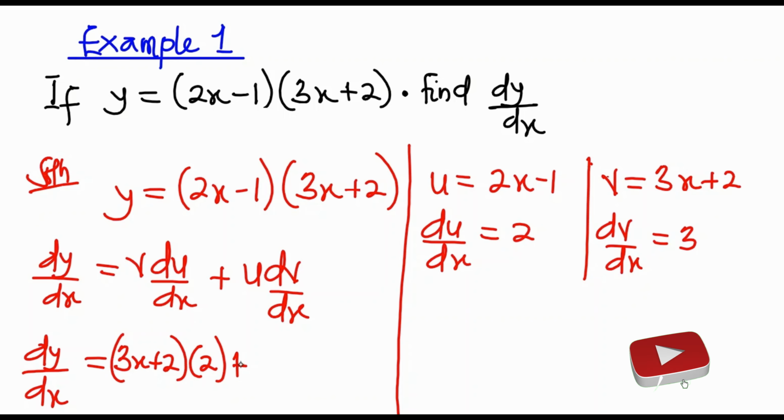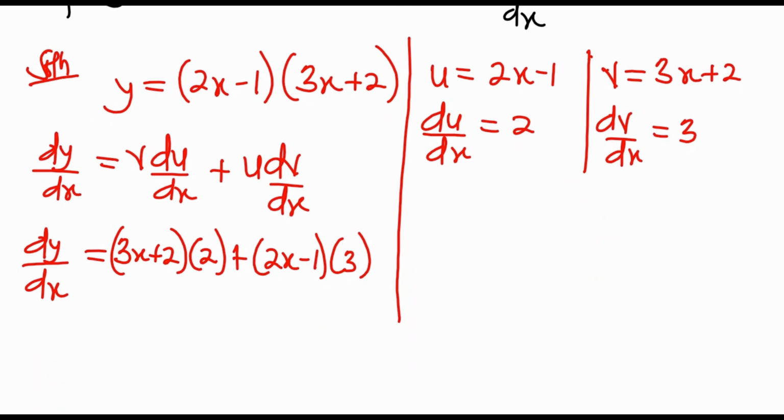Then we add u, which we said is 2x minus 1, multiplied by dv/dx, and dv/dx here we said is 3, so multiplied by 3. We continue with our solution by writing dy/dx equal to 2 multiplied by everything here.